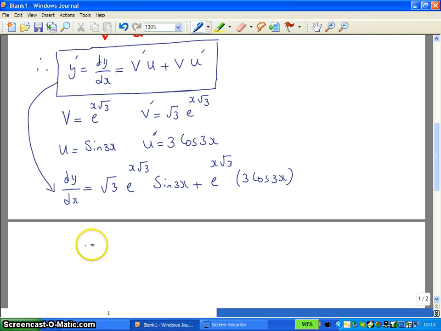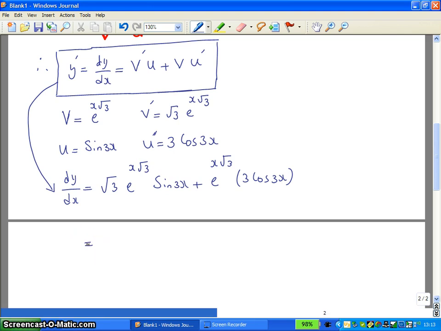If I just factorize e to the x root 3, because it's common in both of them, then I'm just going to get root 3 sine 3x plus 3 cos 3x, and set it equal to 0 because the derivative at point P is equal to 0.